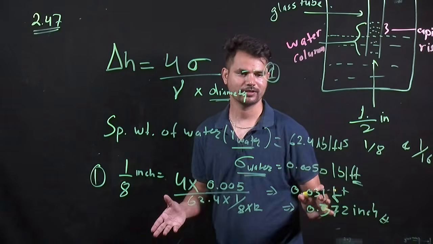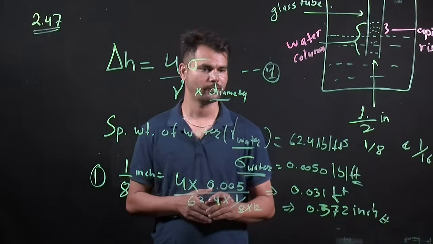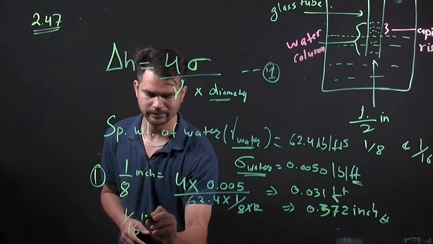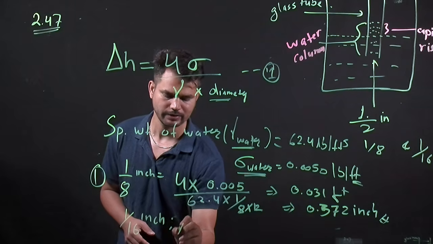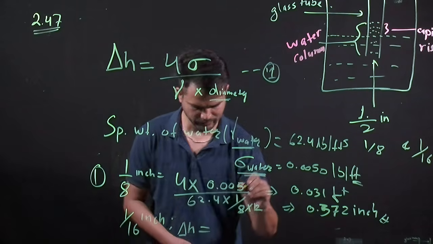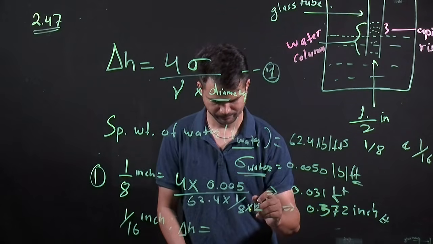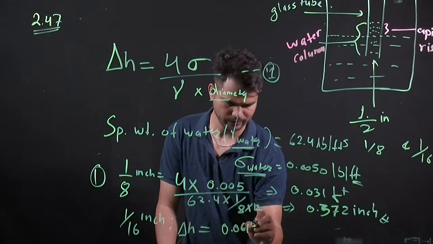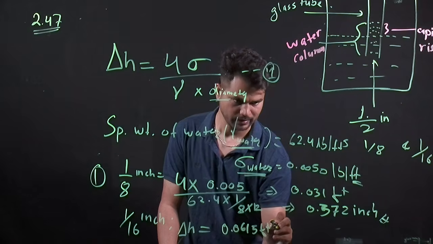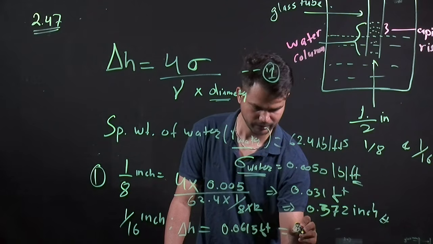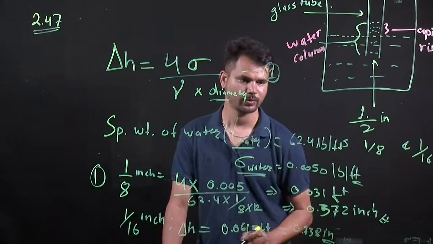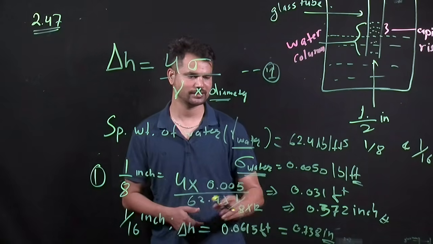Same thing for 1 by 16 inch as well. For 1 by 16 inch, our del H will be equal to 0.0615 feet, which is equal to 0.738 inch.